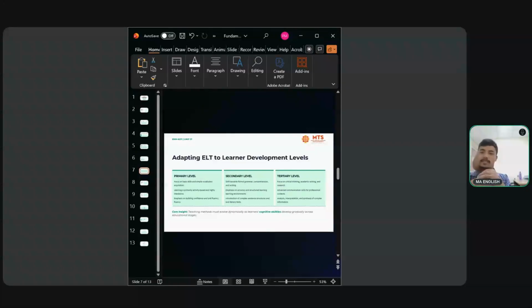What do they need at this particular stage of their development? This unit is called level-wise ELT. It explores how English language teaching must be different at the primary, secondary and tertiary levels. So let me begin with the primary level.